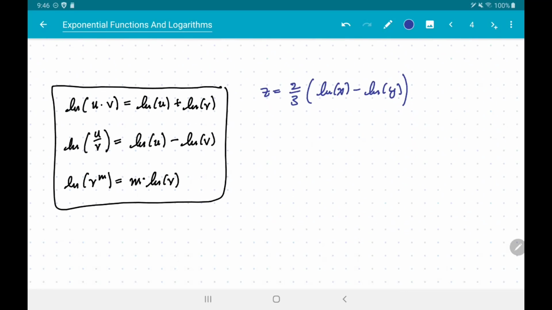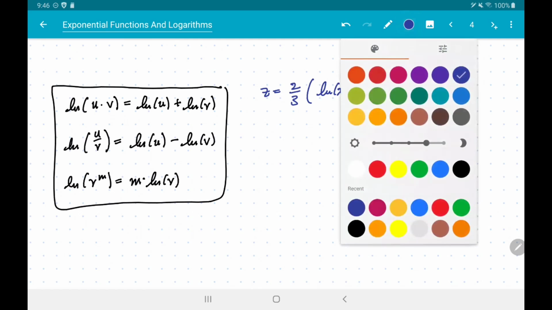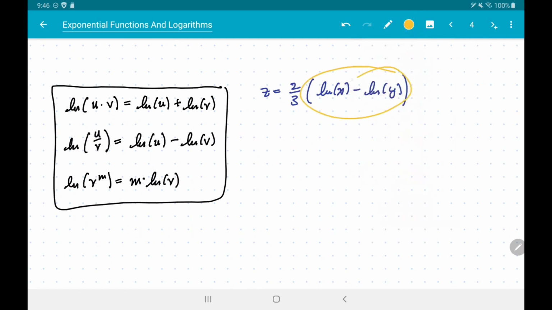Z equals 2/3 of a group ln x minus ln of y. Now this is part of why I mentioned that you should work from the inside out, because the first thing that we're going to be able to do something with is the stuff inside the parentheses here. We'll handle the 2/3 later.